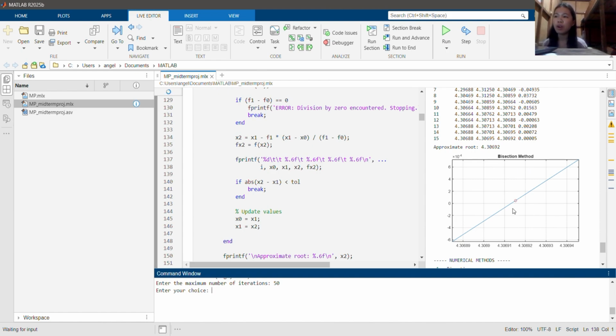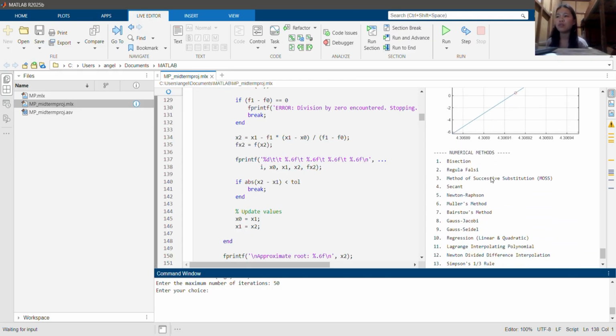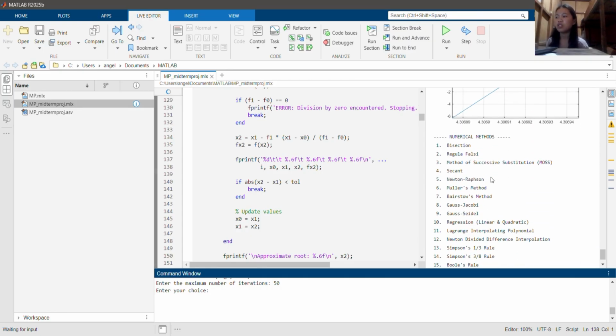At the lower part of the approximate root is our graph, and the red dot here symbolizes the approximate root we got from that function.